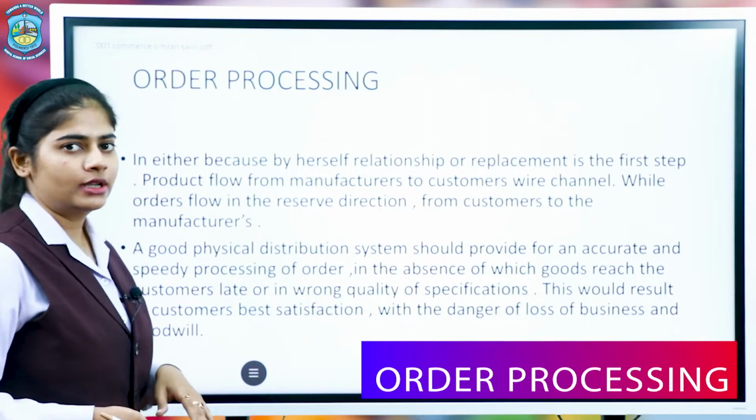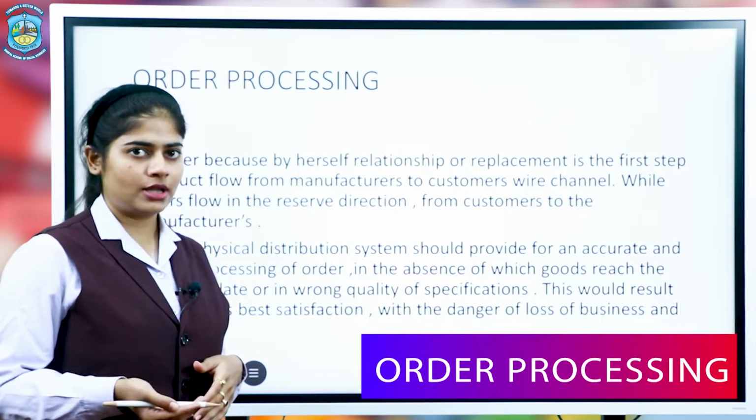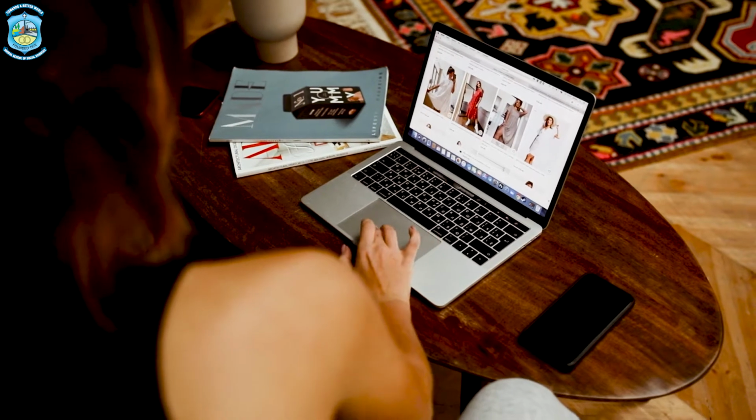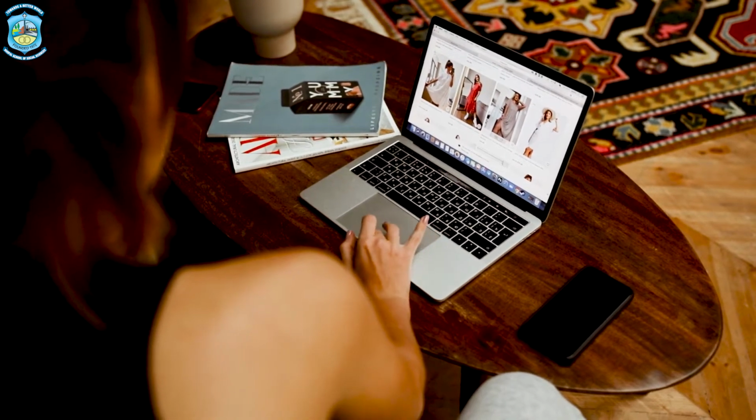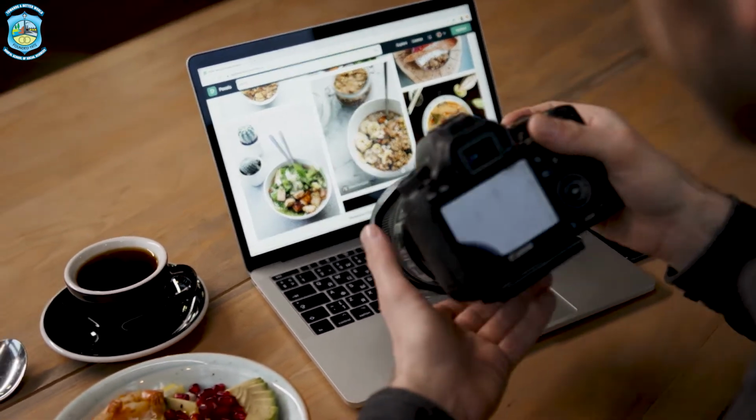Order processing. In our day-to-day life, we order products online, and we go and buy products if we really need them urgently, though in our generation we mostly use online.